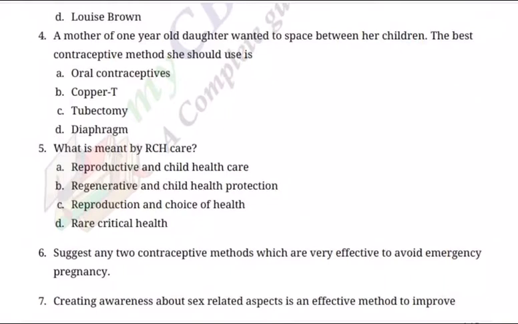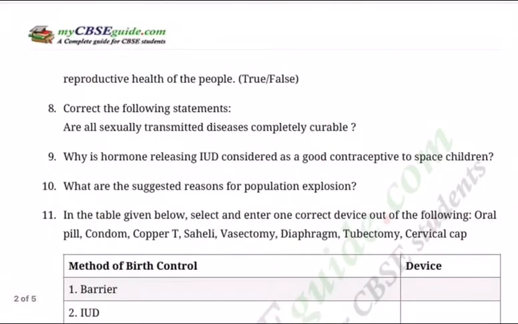Question 7. Creating awareness about sex-related aspects is an effective method to improve reproductive health of the people. Is it true or false? Question number 8. Correct the following statements. Are all sexually transmitted diseases completely curable? STDs.